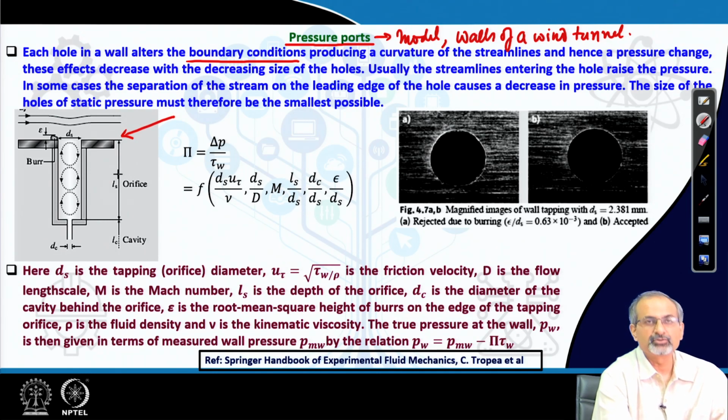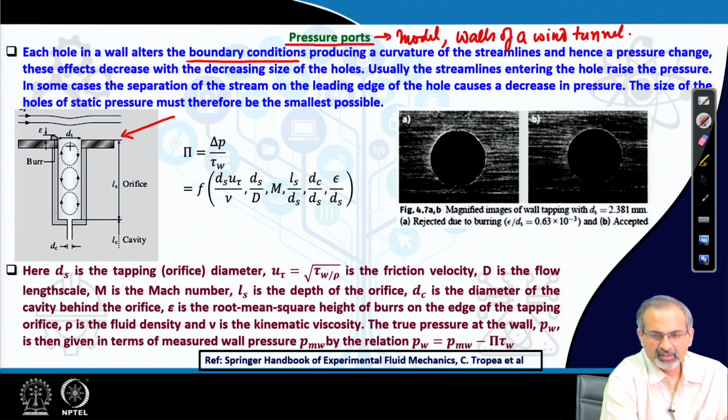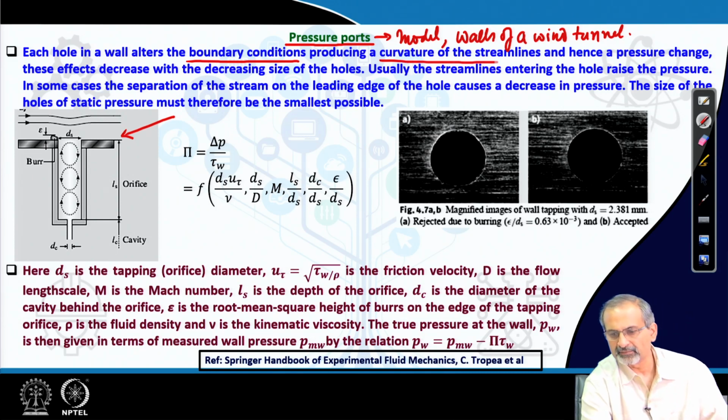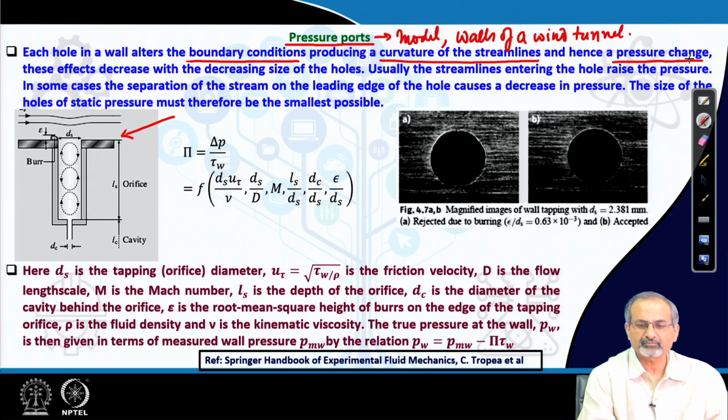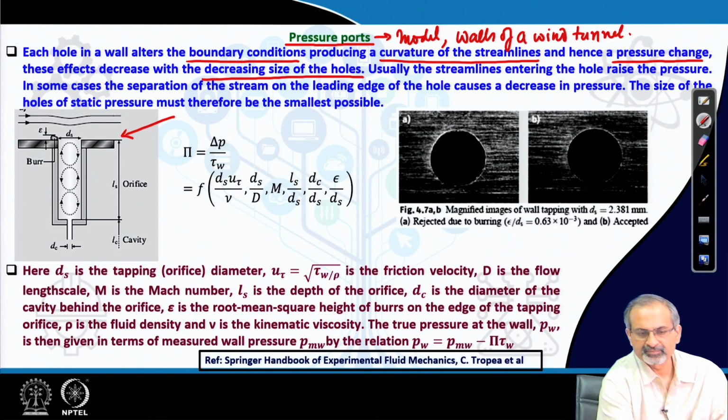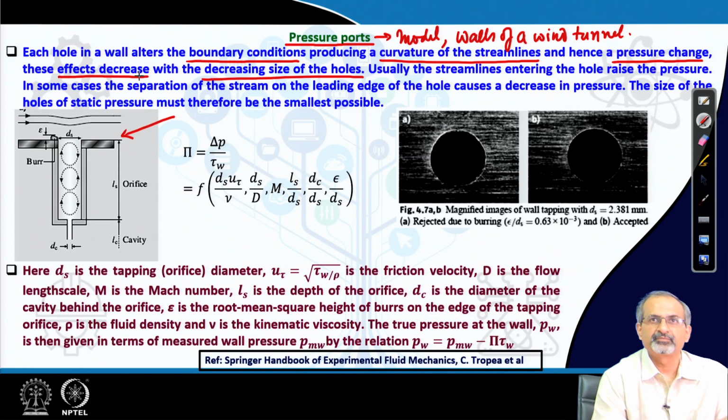So, we are actually zooming very close to the cross sectional plane, where a small port is shown with much more details, and it produces a curvature of the streamlines, and hence the pressure changes in its vicinity. So, as the hole size decreases, the effect also decreases, which is quite intuitive.